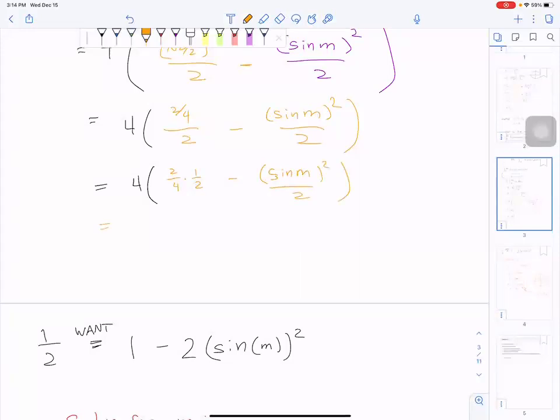So this gives you 4 times 2 over 4 times 1/2. So let me write this: 4 minus 4 times sine of m squared over 2. Over here, the 2's cancel and the 4's cancel. So you're left with 1 minus, over here, you also get this cancellation, 2 sine m squared.